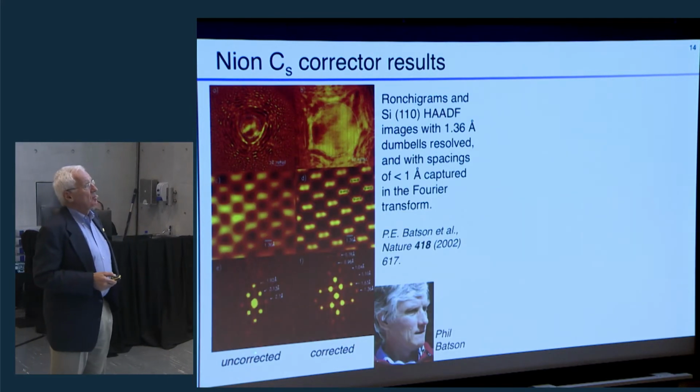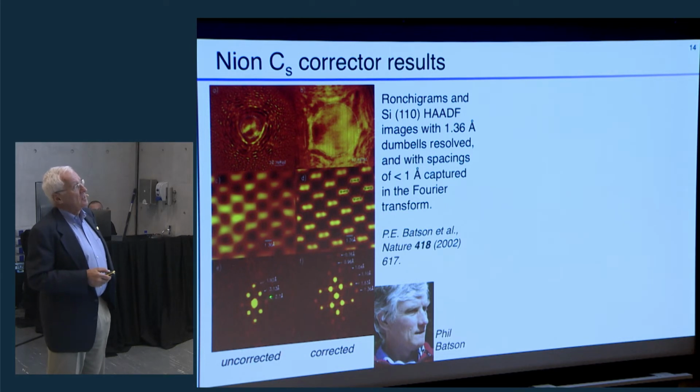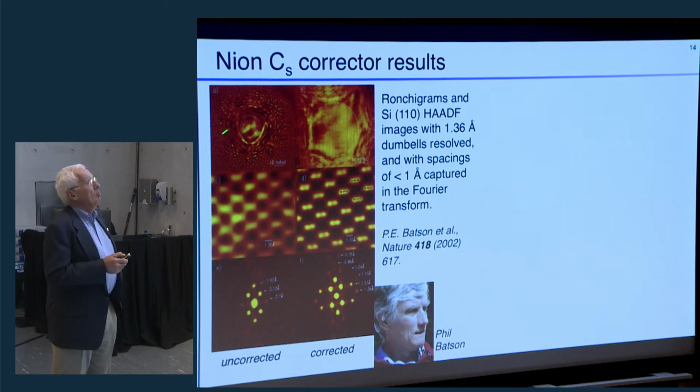So here's Phil Batson, and here's his series of images: uncorrected, corrected, uncorrected. He's capturing a spacing of 1.9 angstrom in silicon, basically between these planes, 2 to 0. With aberration correction, the 1.36 reflection, that's the distance between the atomic pairs, and he's even seeing below 1 angstrom reflections in the Fourier transform.